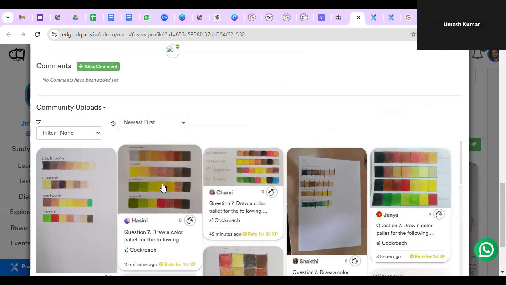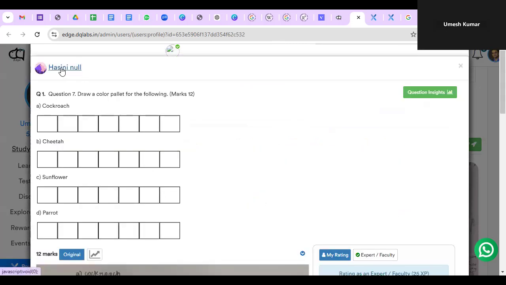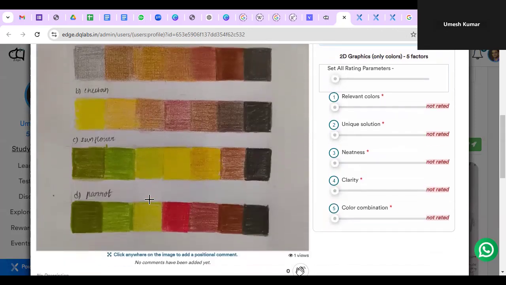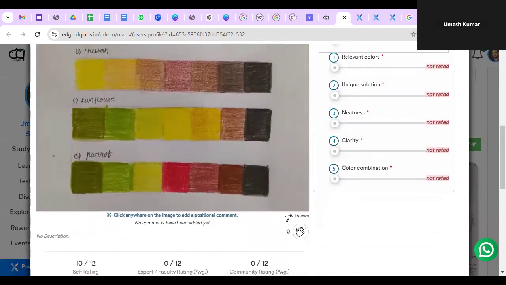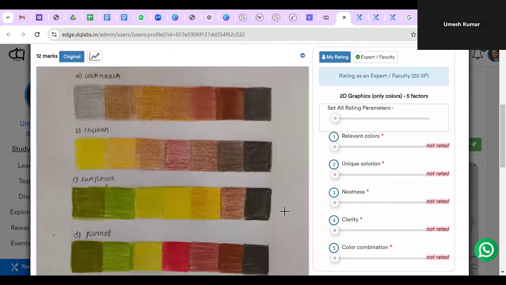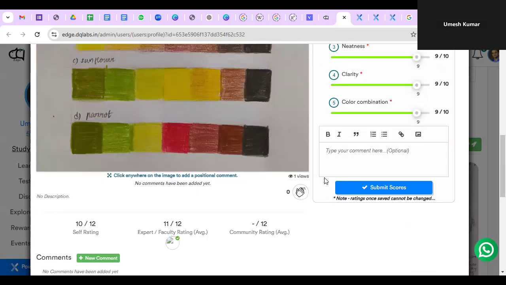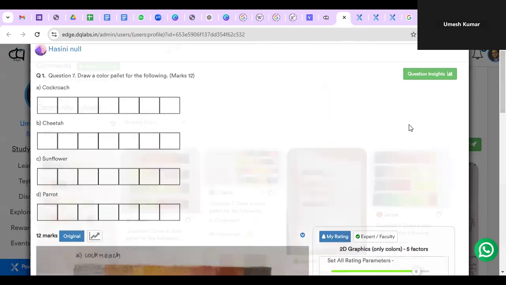So mine's the second one. Yeah. Nice, good. Okay, so cockroach, cheetah, sunflower, parrot. Nice. This is also pretty good.